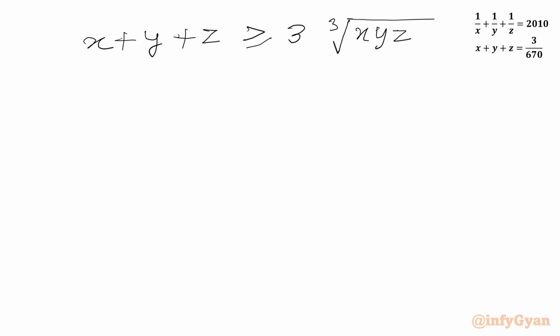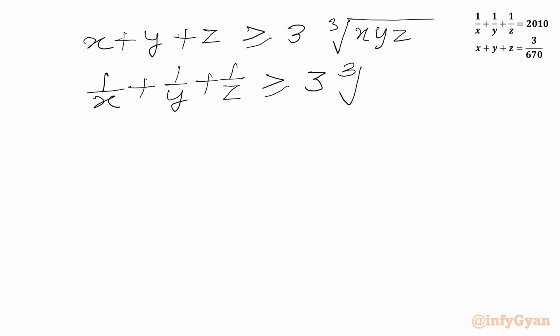Again, we will use AM greater than or equal to GM inequality for 1 over x plus 1 over y plus 1 over z. And in the similar way, we will get here 3, and then we will consider cube root of 1 over xyz. Now we have to multiply these two inequalities.